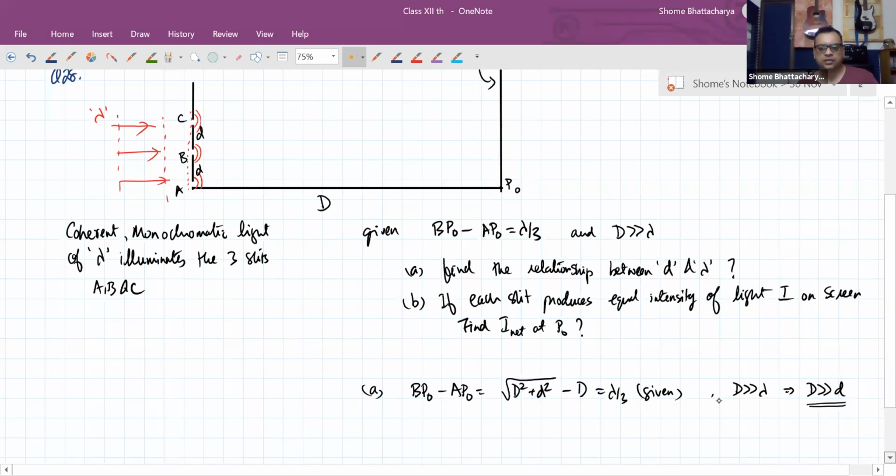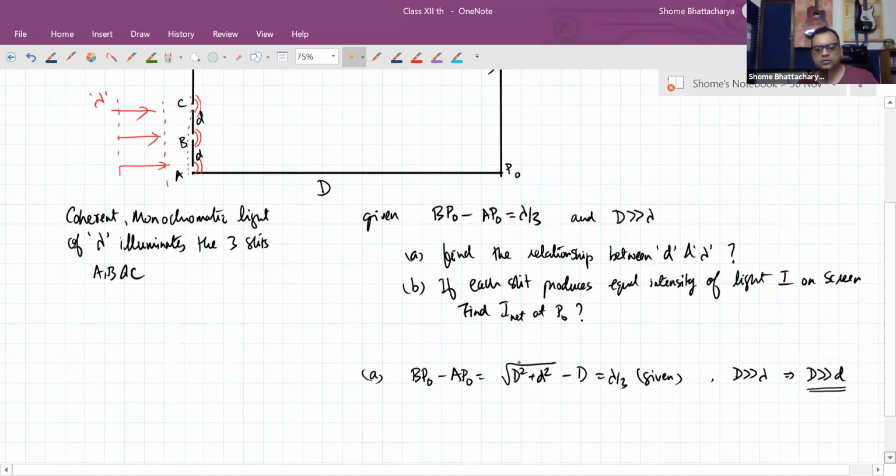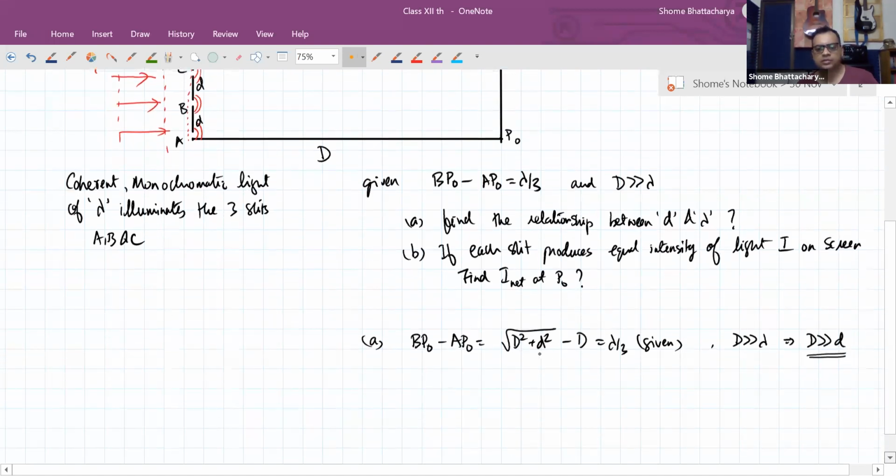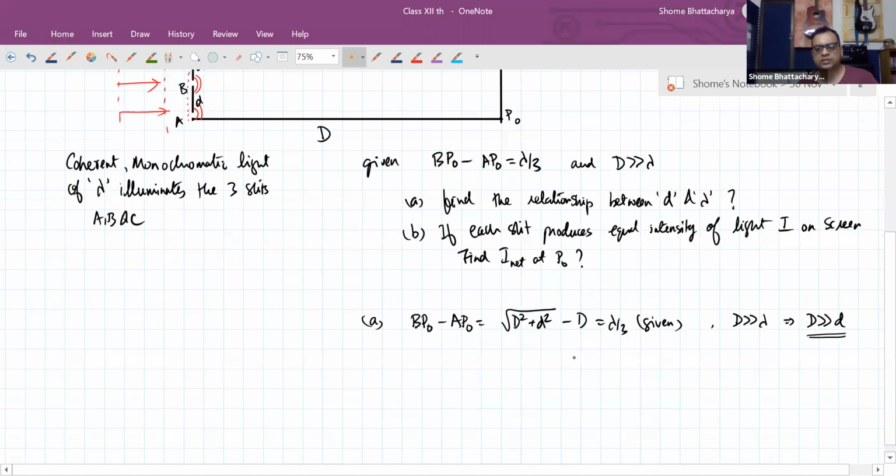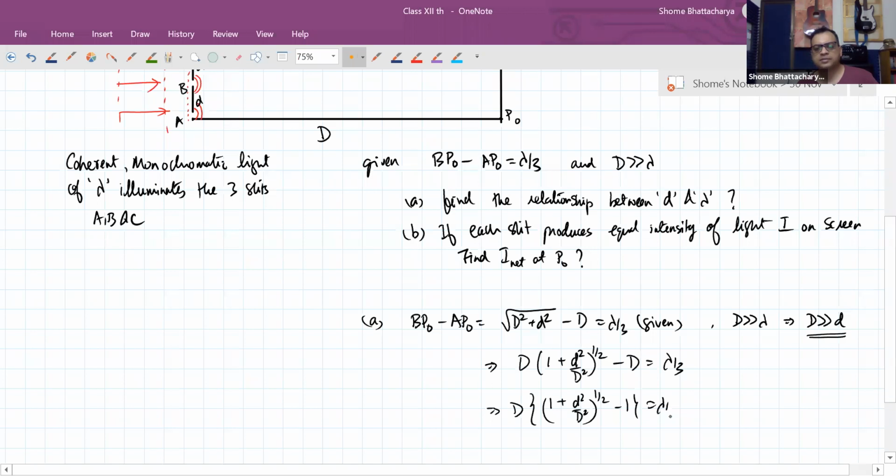Okay, so let's solve this now. So if you take capital D common here, 1 plus d square by capital D square to the power half, minus 1, this is lambda by 3. So further we can take capital D common and write this as the power half minus 1 is lambda by 3.